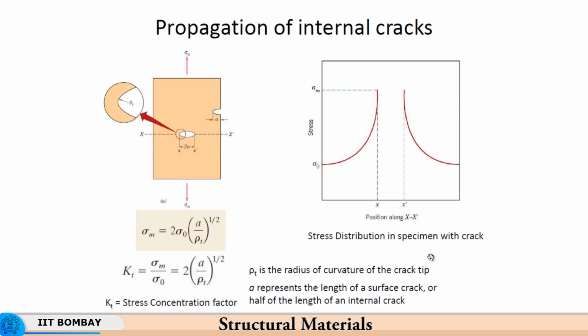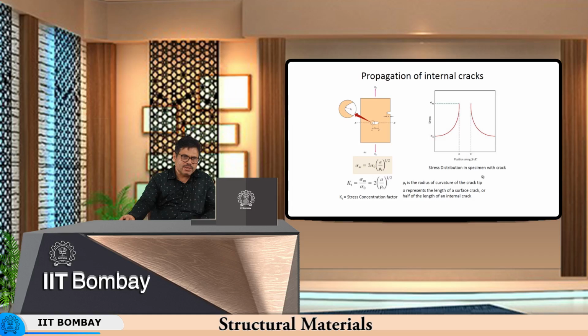So, compared to the stress over here, as you move towards the flaw, the stress can be found to rise extremely rapidly, and the sharper the flaw, meaning if the radius of curvature of the flaw is extremely small, it is a very sharp flaw, then you will find that the stress intensity rises extremely rapidly. So, this intensification of the stress takes place extremely rapidly. So, this is a stress distribution in a specimen with a crack or some defect or a discontinuity, something like that.